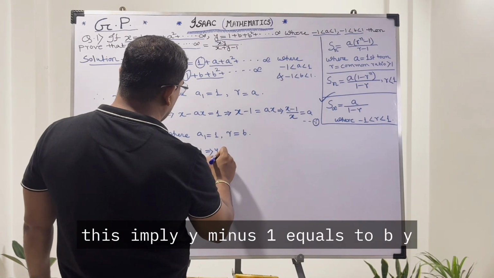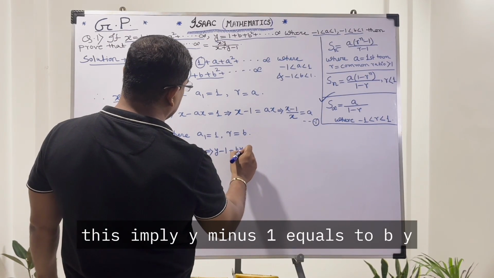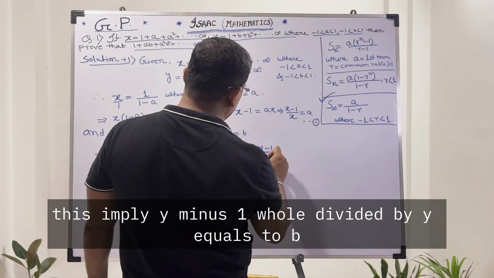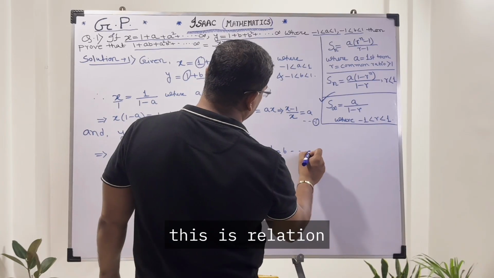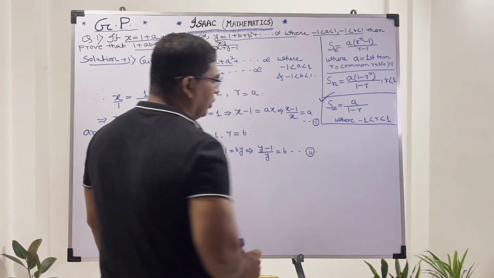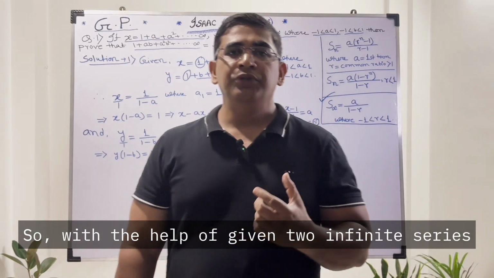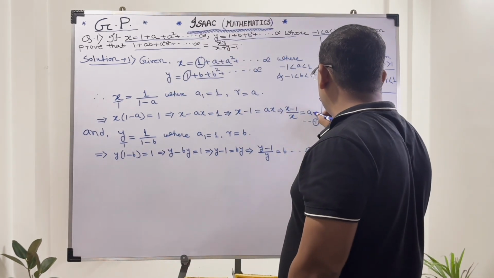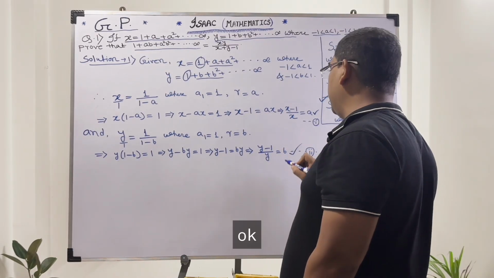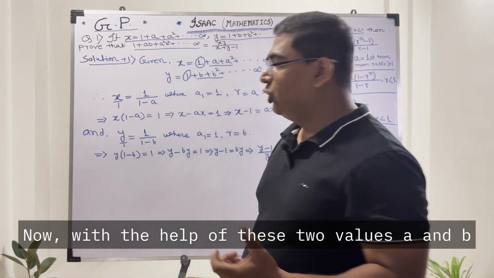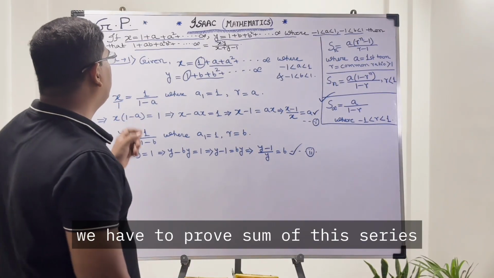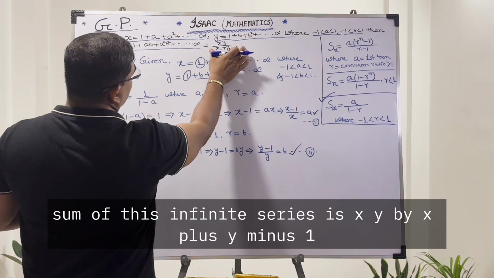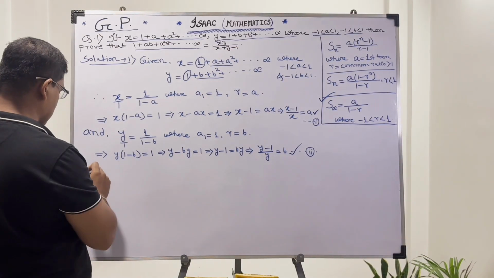This implies y minus 1 equals by. This implies y minus 1 whole divided by y equals b. This is relation 2. So, with the help of the given two infinite series, we find the values of a and b. Now, with the help of these two values a and b, we have to prove that the sum of this infinite series is xy by x plus y minus 1.